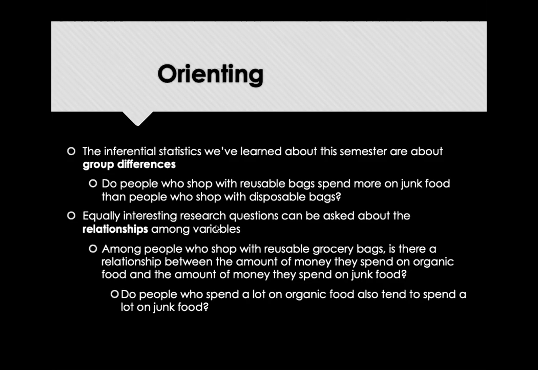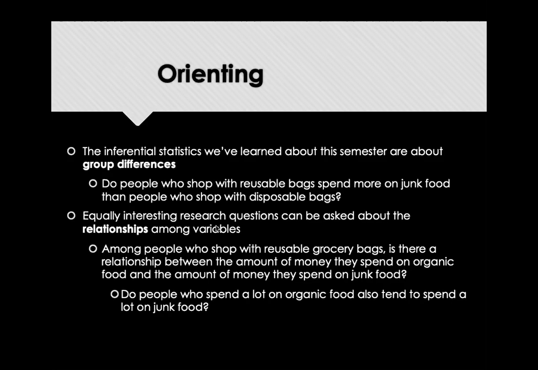So we've got an independent variable, what kind of bag do they use, and our dependent variable would be spending money on junk food, or amount of money spent, perhaps. And we could do a pretty simple independent samples t-test to see whether there's a difference between those two averages, or sample means.